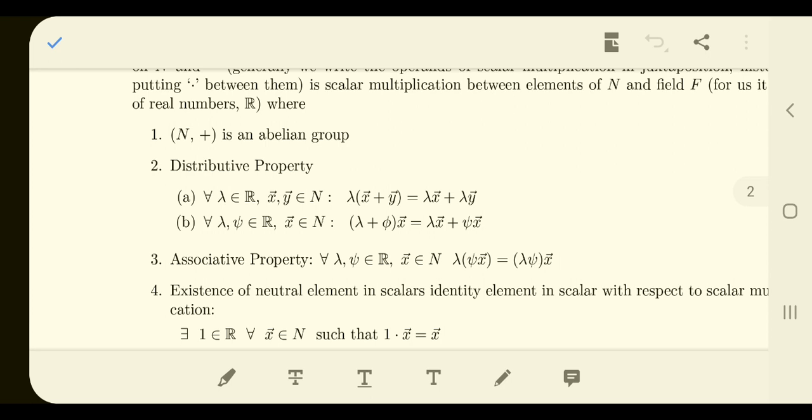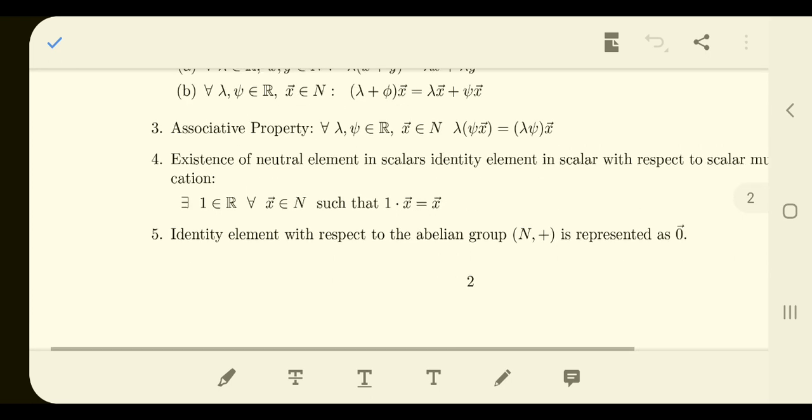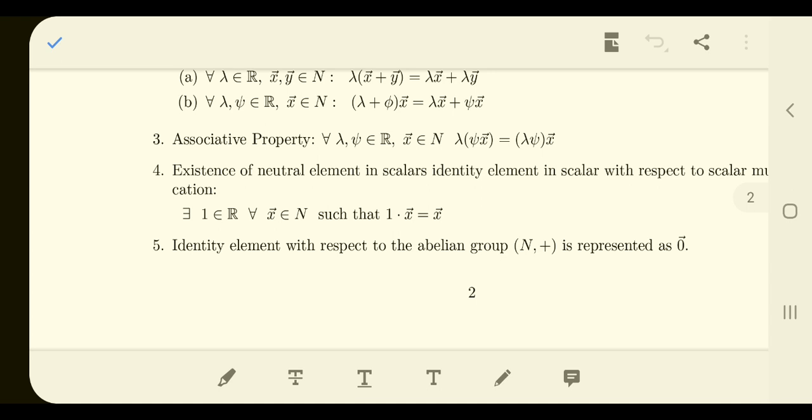Now when we talk about the identity element: (V, +) is itself an abelian group, so there must be an identity with respect to plus in the set of vectors V, which means we have a zero vector, or additive identity.